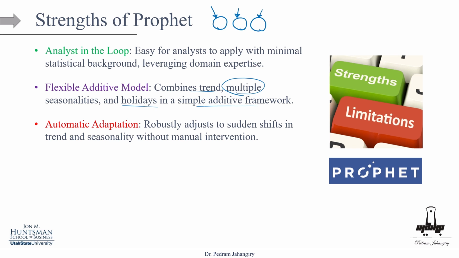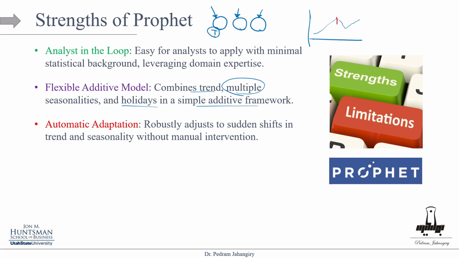And then the next one was the automatic adaptation. So for example, imagine we have a time series like this, right? There are some regime changes here and there. And if we play around with this first knob, which was the trend component, without even specifying the number of change points, there's a parameter that we can play around with, and it's going to automatically capture how many change points we need.